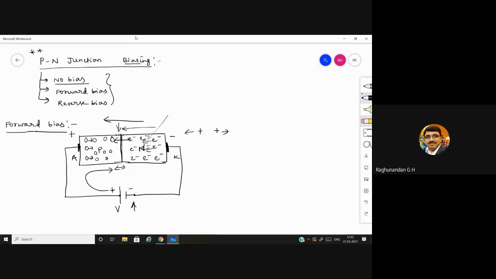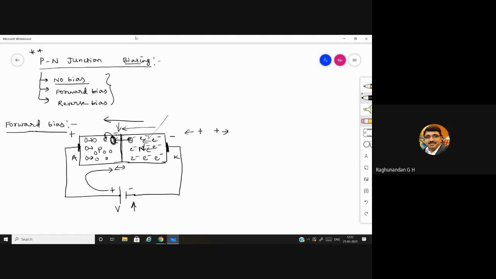This electron comes over here, this becomes an electron, this becomes a hole. Next, since the repulsion is there from this side, this electron shifts here. After that, this becomes an electron, and during that time, this becomes a hole.